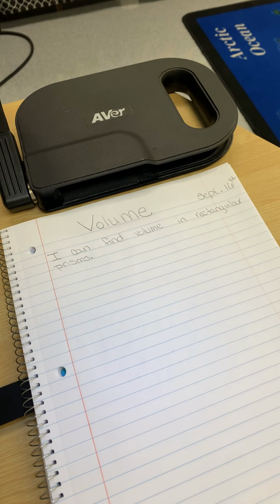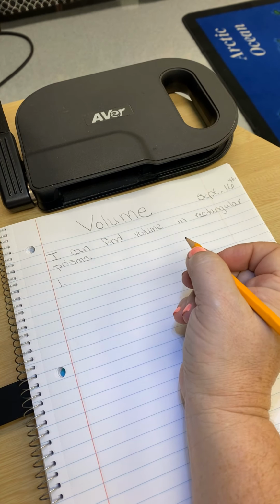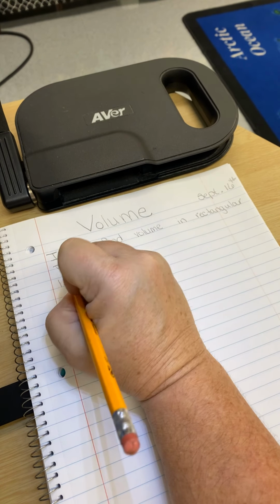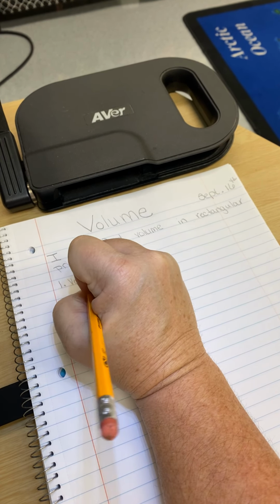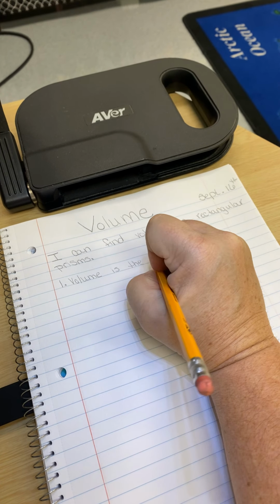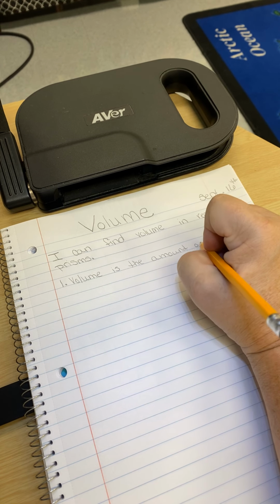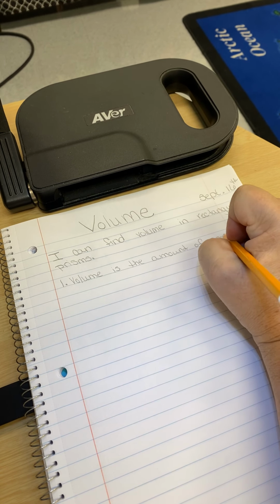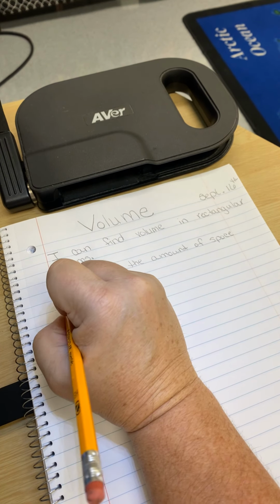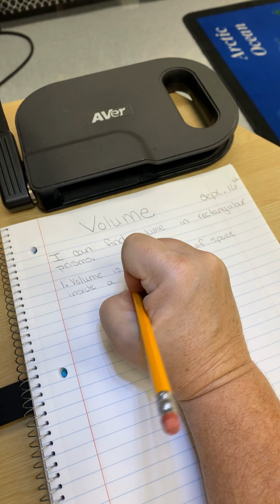All right, so let's get started with some vocab. When we're talking about volume, the very first thing we're going to talk about is the fact that volume is the amount of space inside a solid figure.